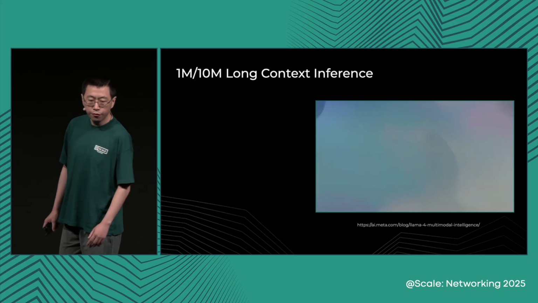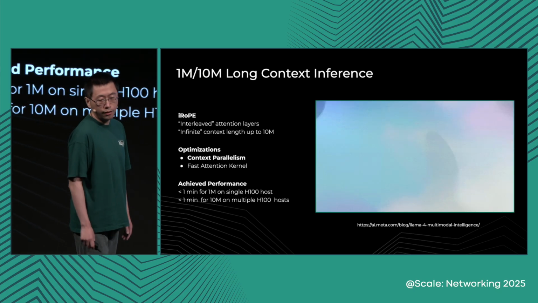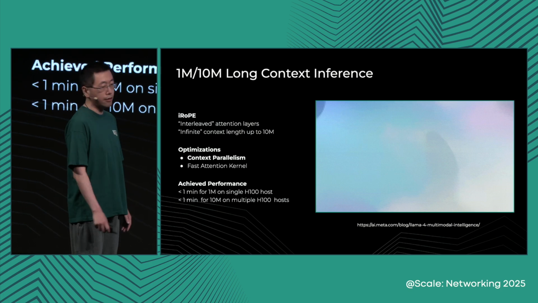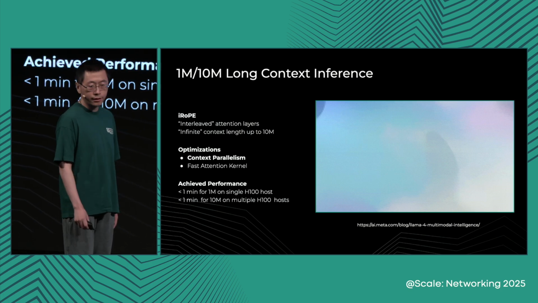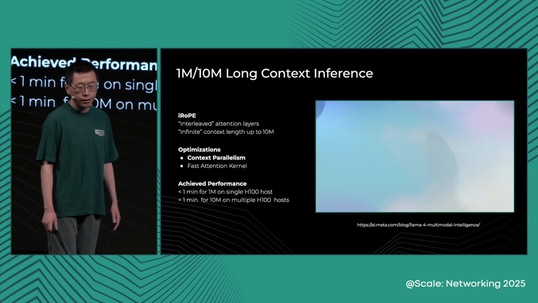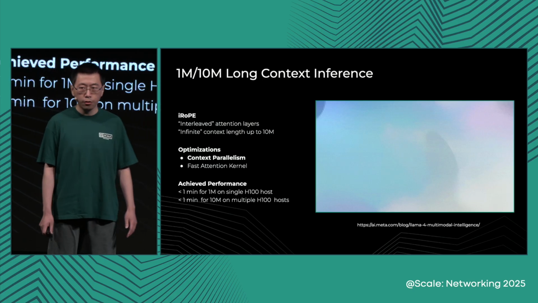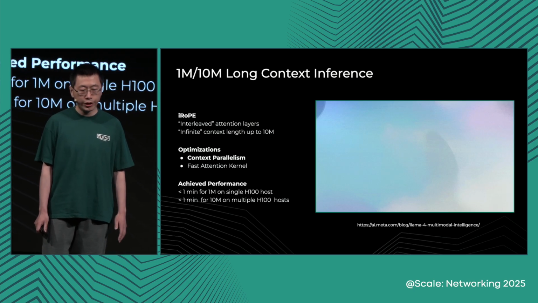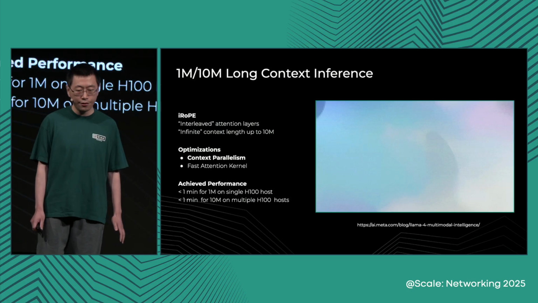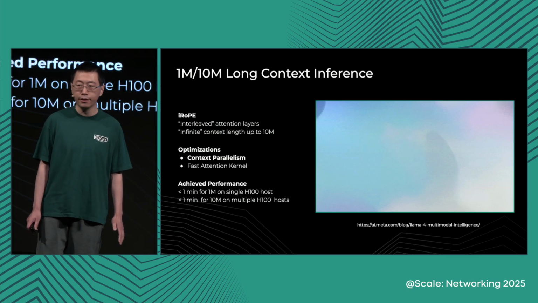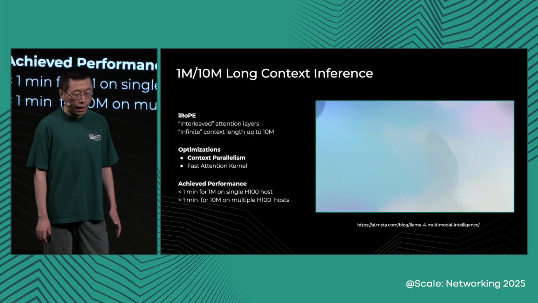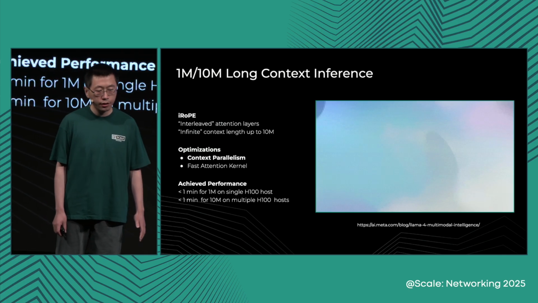We want to first demonstrate our advancements in long context inference in Llama 4, specifically for our 1 million and 10 million context capabilities. Let's start with iRoPE, which stands for interleaved attention layer. It achieved an infinite context length extending to 10 million tokens. To support this, we have applied various optimizations.